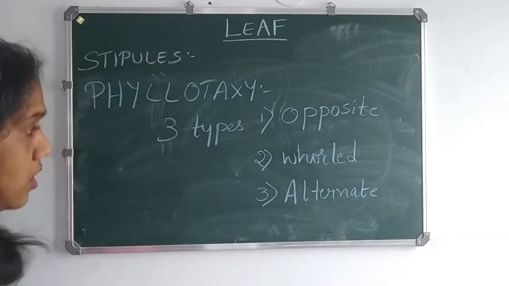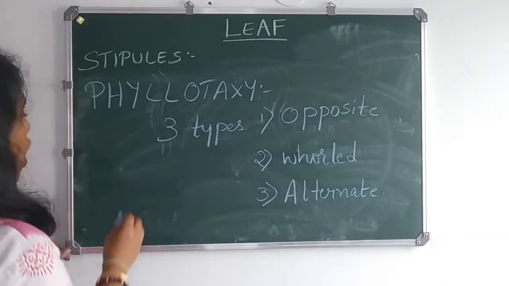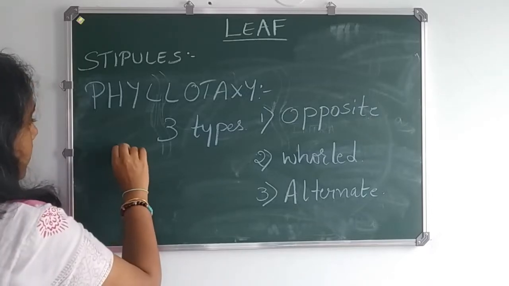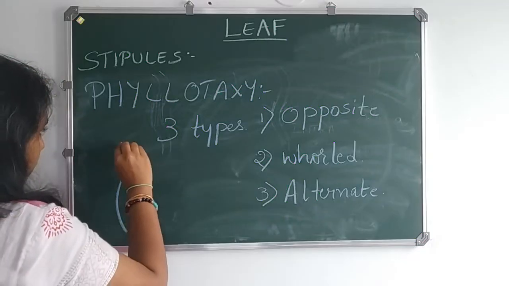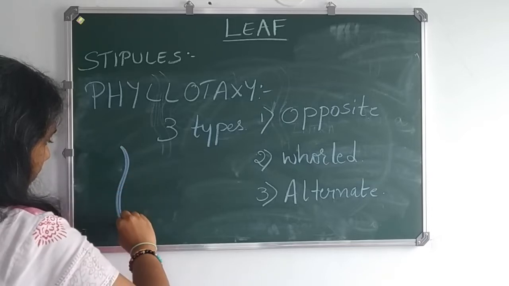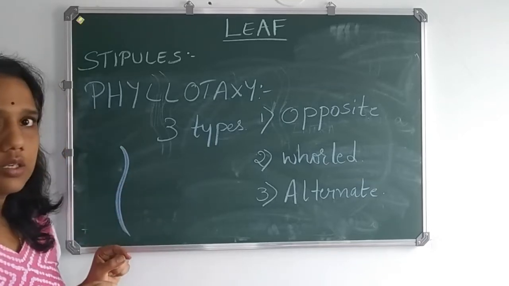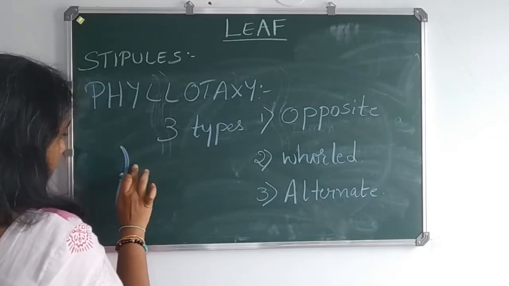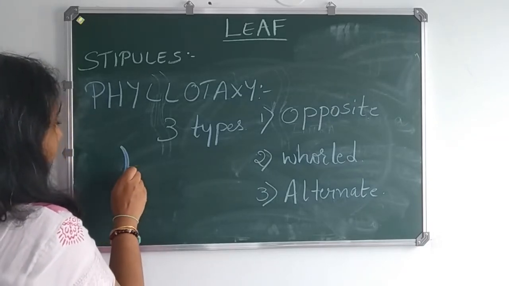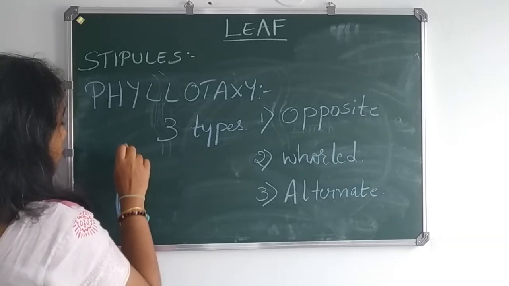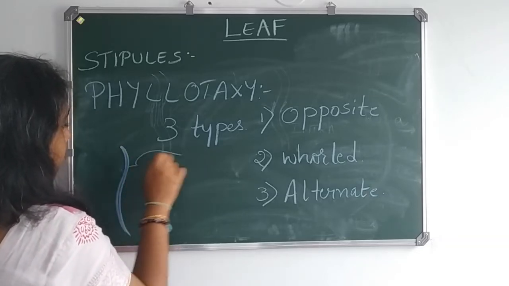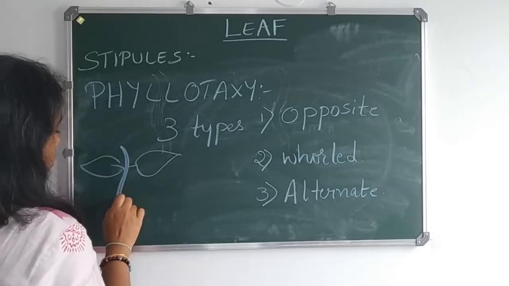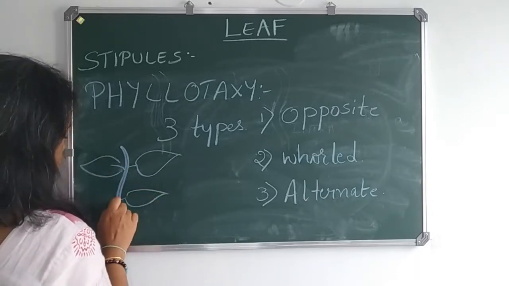Okay. So first we talk about the opposite. Opposite means, see here, the leaf's midrib is modified into a very strong woody structure called the rachis sometimes. If you consider this to be the stem, the leaves are arranged opposite to each other like this.